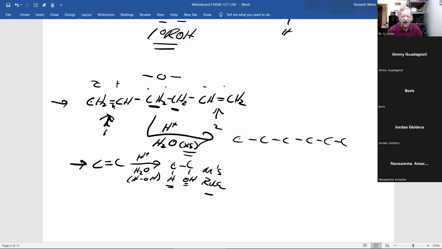So the hydrogen, following Markovnikov's rule, will go this way. Remember, water is HOH, and the hydroxyl group will go here. Now, if we look at this double bond, this has 2 hydrogens, that has 1, which is more. Hopefully you took 2. So the hydrogen will go here.